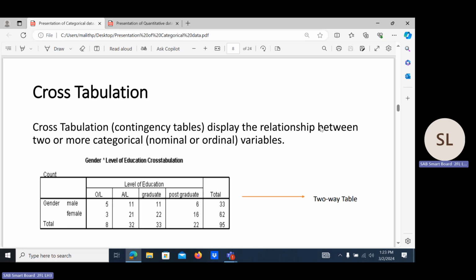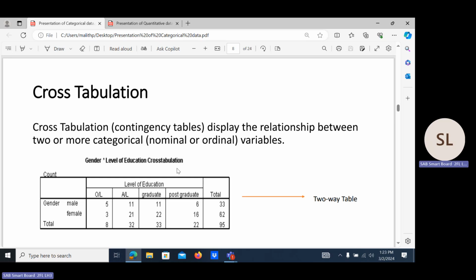Level of education and gender. Therefore, we call it a two-way table. If you need to represent only two categorical variables, we can use two-way tables. Understood?